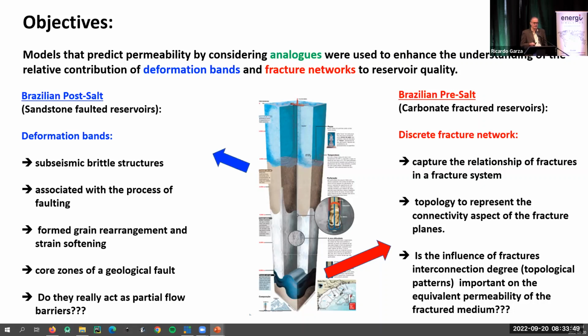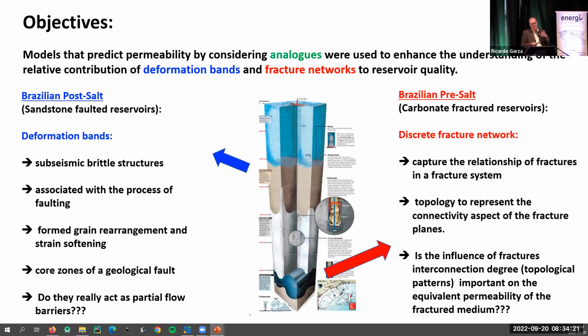As I mentioned, we have the Brazilian post-salt, which are faulted reservoirs made of sandstone. In this type of reservoir, we have deformation bands, which are subseismic brittle structures associated with the process of faulting and formed by grain rearrangement and strain softening. They are located in the core zones of a geological fault.